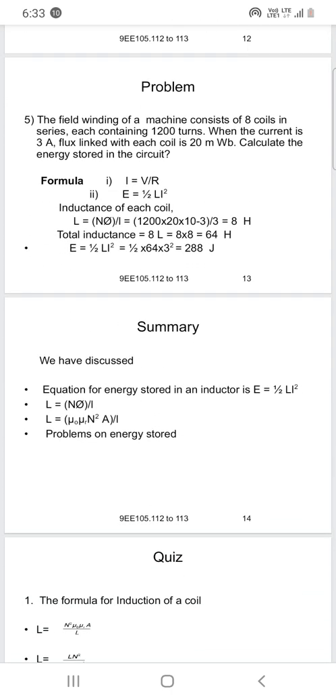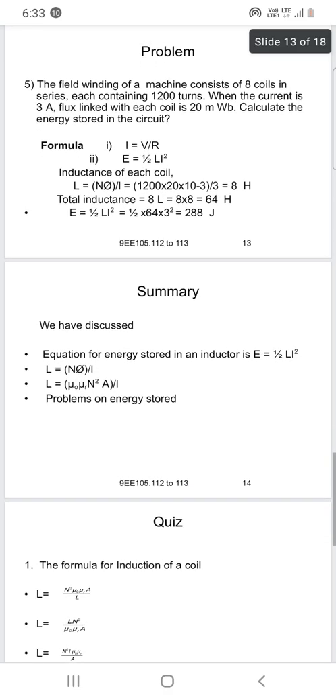Next problem. The field winding of a machine consists of 8 coils in series.